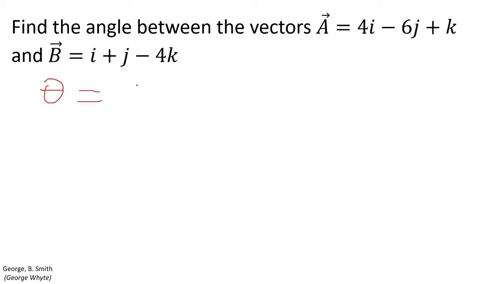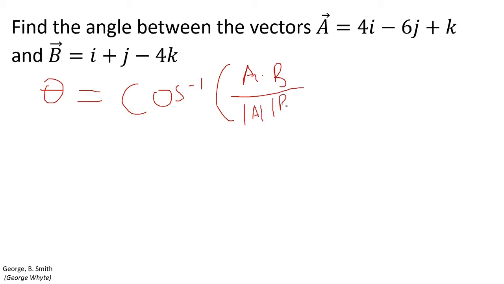We need the cos inverse of a dot b divided by the magnitude of a times the magnitude of b. First we find the dot product and then the magnitudes. In fact, you can do either first, and both will work fine.